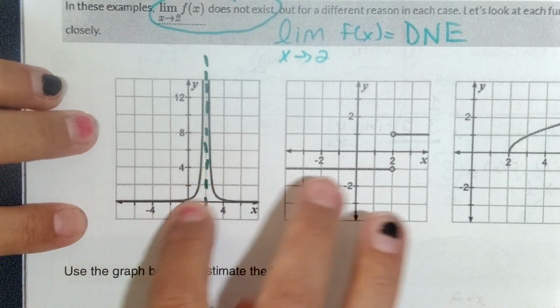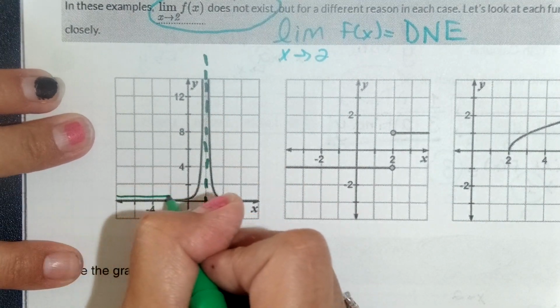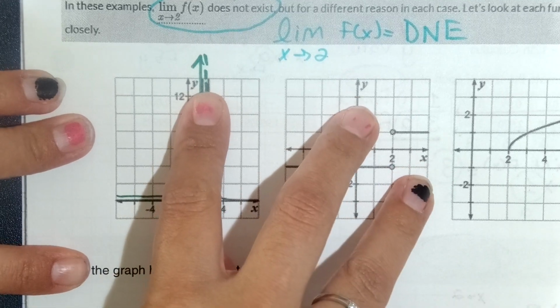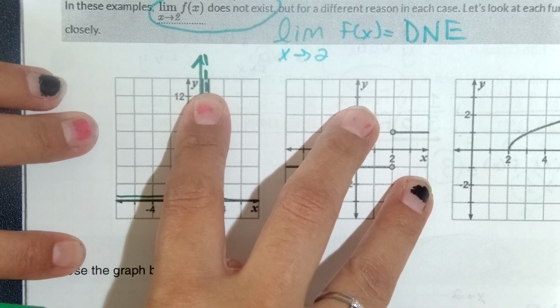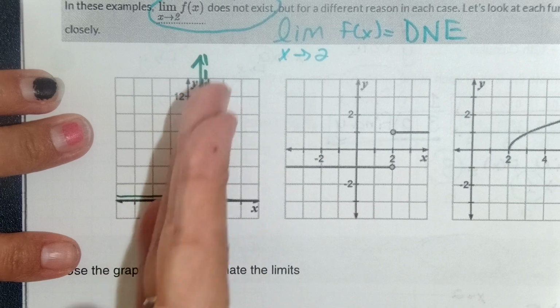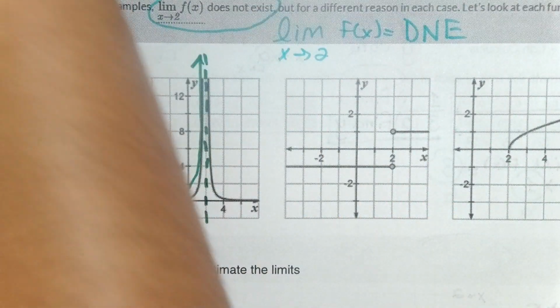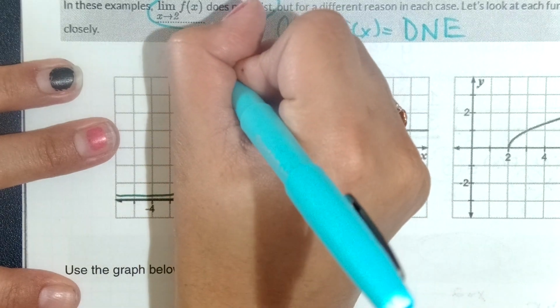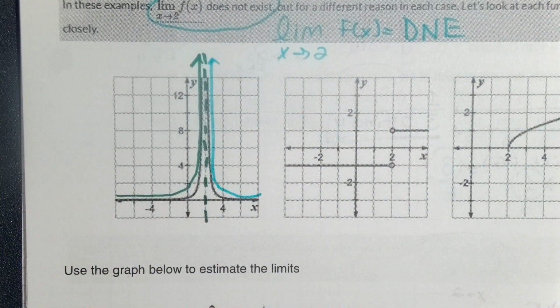I'm going to start at my left side and follow to my right. This does not get to any number specifically, okay? It doesn't touch a number. It's going along this line. Now, if I go to the right side, it's also just going up and up and up. It's increasing, increasing, increasing, not touching any value.